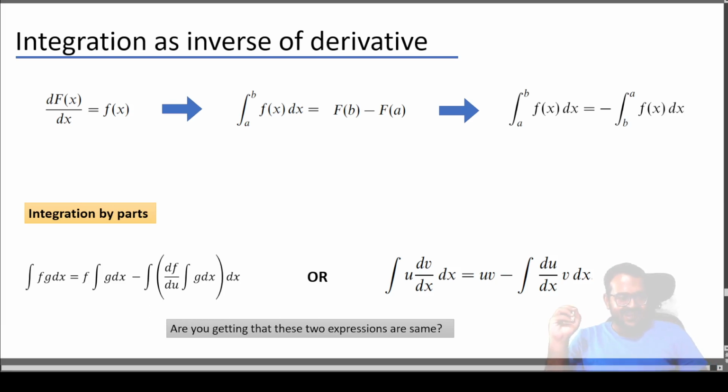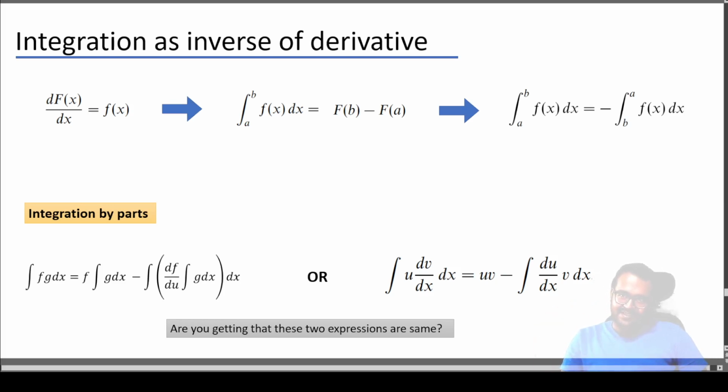If you have a function capital F, you take its derivative, you get another function small f. If you integrate this small f from a to b, you get F(b) minus F(a). This is capital D/dx of F. So okay, this is called the fundamental theorem of integral calculus.